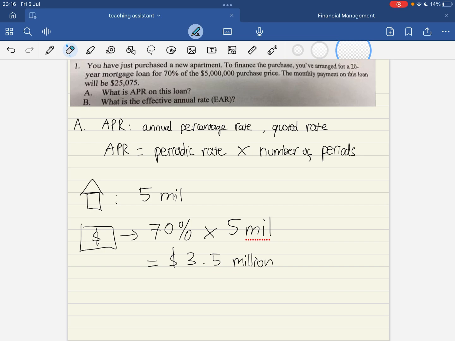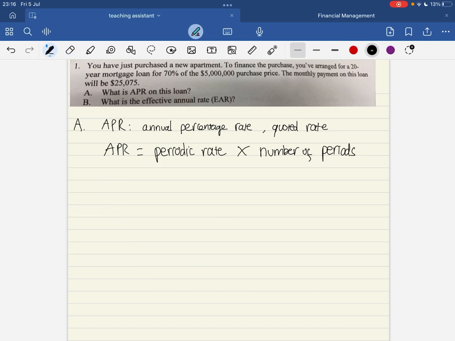So the first step is to find the borrowing cost. I write again. Borrowing cost equal to $3.5 million. Then the next number is $25,075, which is the monthly payment.